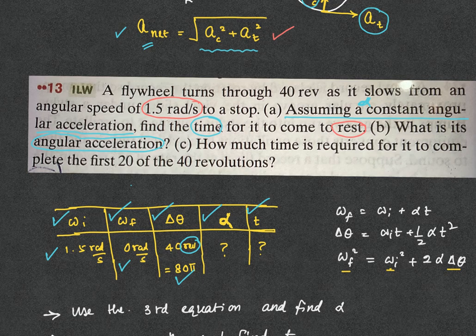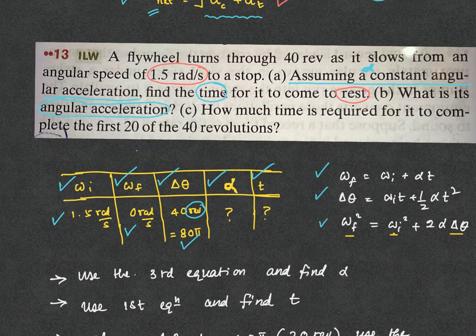Now let's turn to the equations that we have. These are the three equations, right? And the first two equations, if you look carefully, they both have alpha and t. So we can't use either of those equations because we don't know alpha or t. And having two unknowns in one equation, it is difficult to solve for one variable, right?